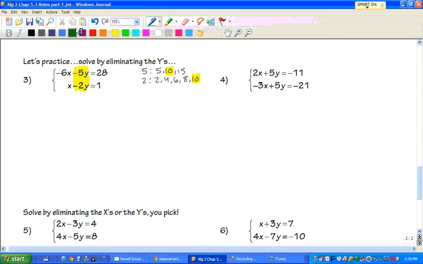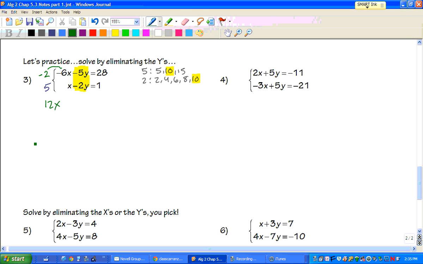So, we would multiply the top one by 2, and the bottom equation by 5. Now, here's the problem. Both of those are negative. I need one of them to be positive. So if that happens, I'm just going to multiply the top one by a negative just so it cancels out.